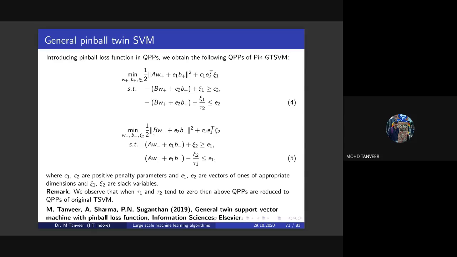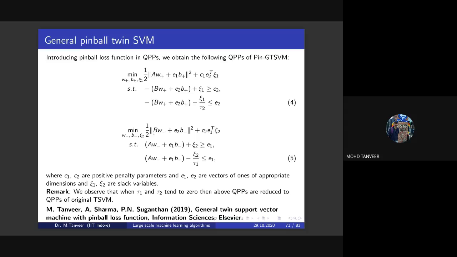So you can see that once this tau 2 goes towards 0, this xi1 will be greater than or equal to 0. Similarly in 5, if tau 1 goes towards 0, then this xi2 will automatically reach xi2 greater than or equal to 0.